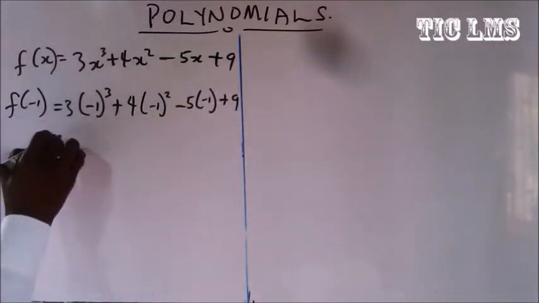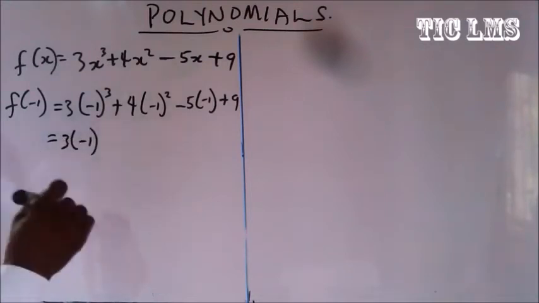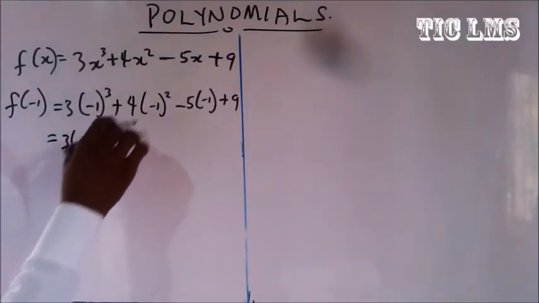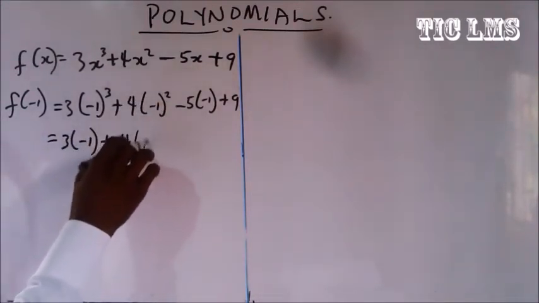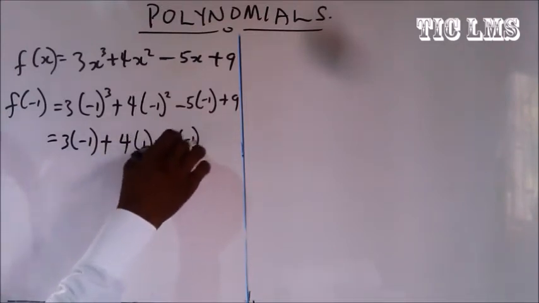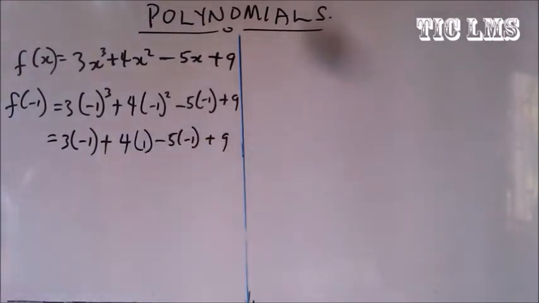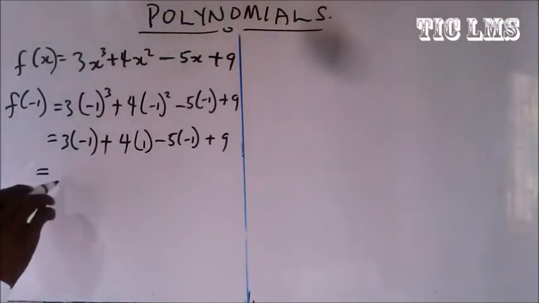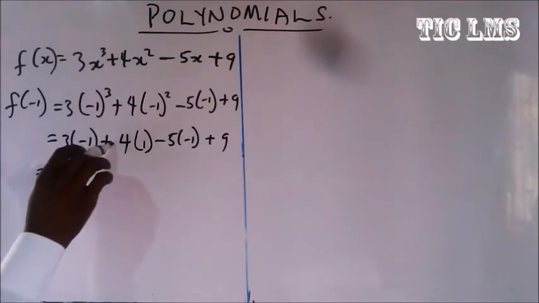Minus 1 raised by 3 is the same thing as minus 1. And then minus 1 squared is 1, minus 5 minus 1 plus 9. Now let's open the brackets. We have 3 times minus 1, that's minus 3.